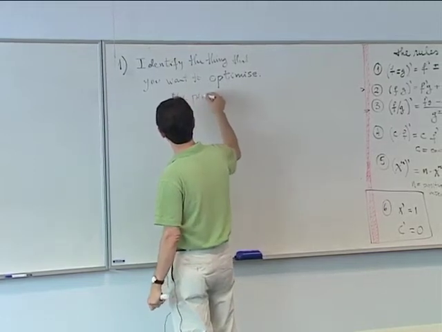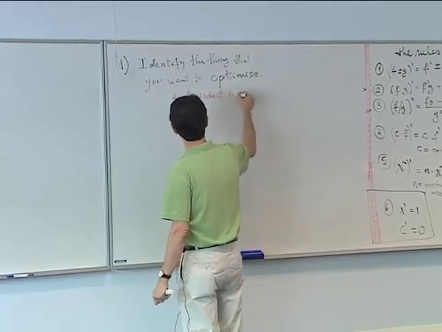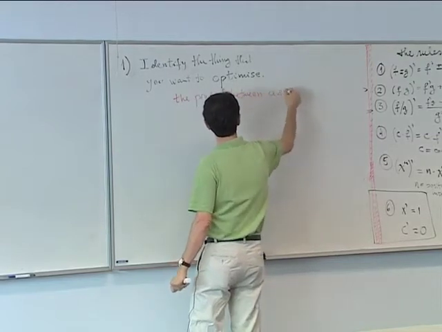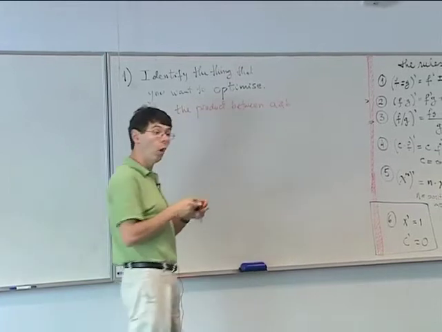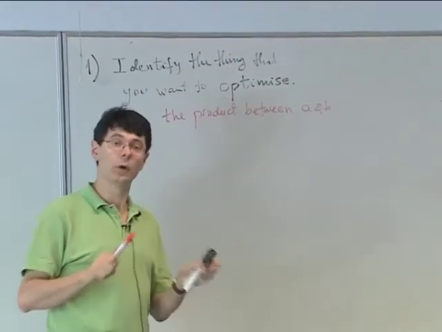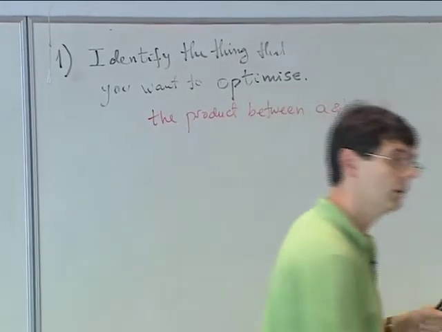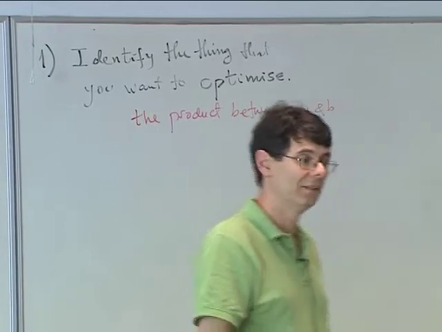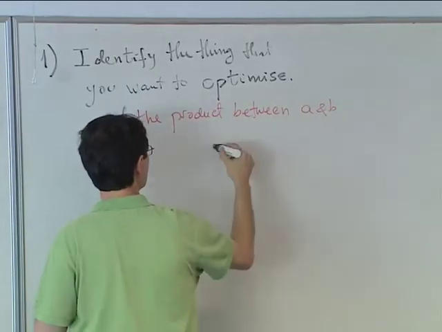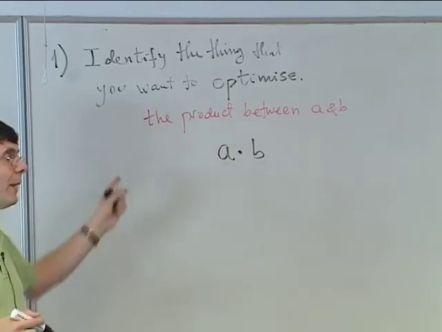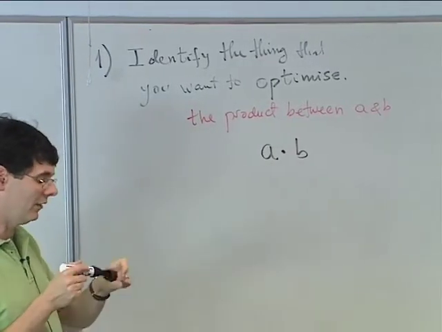The product between A and B. That's the quantity. Or you can write it in formula. And that's preferred. You can do both. Okay? A times B. That's it. Okay? Now that's my function. That's the stuff I want to maximize.